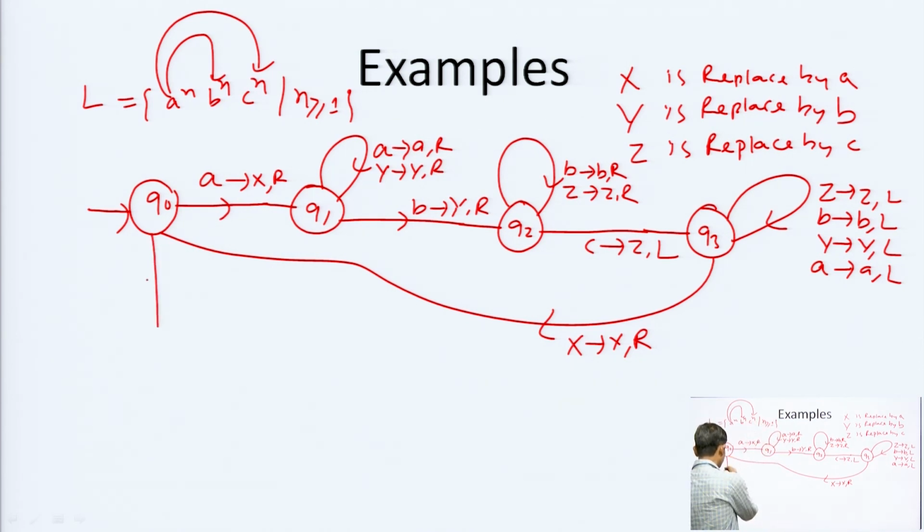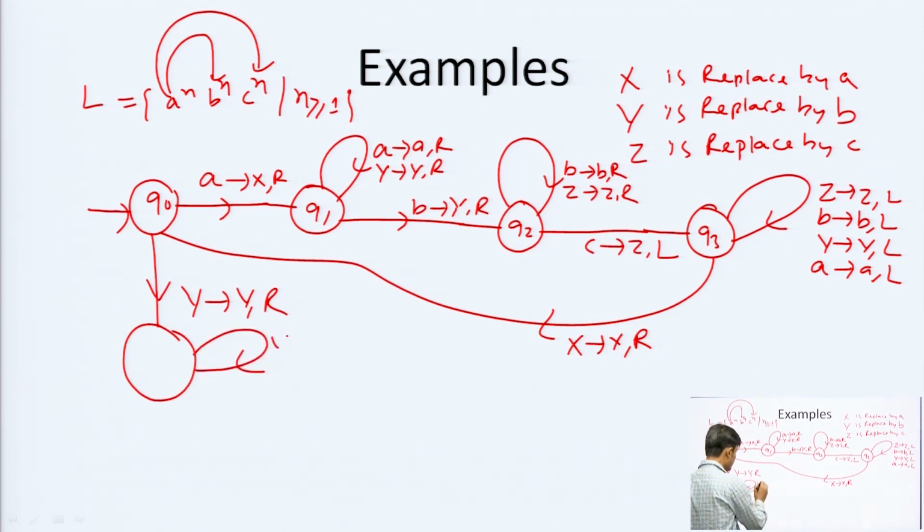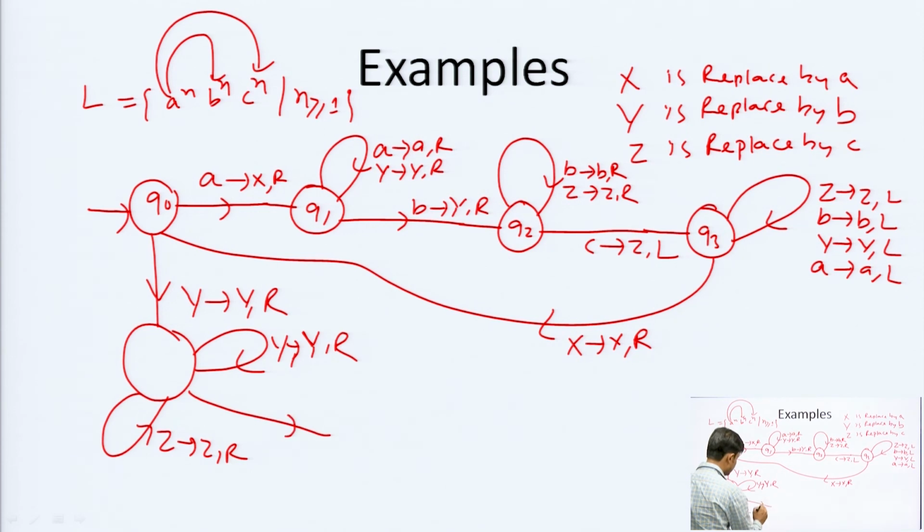So now we have y to y R, then z, y to y R, all z also move, z to z R, then blank to blank R, then go to the final state q f. You can say this is q4.